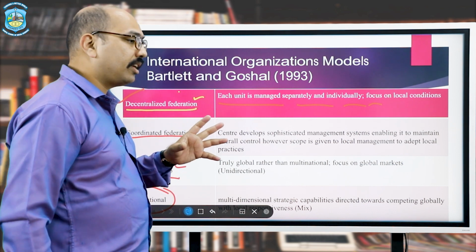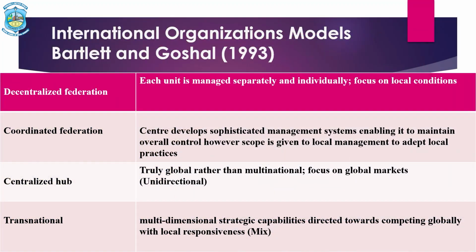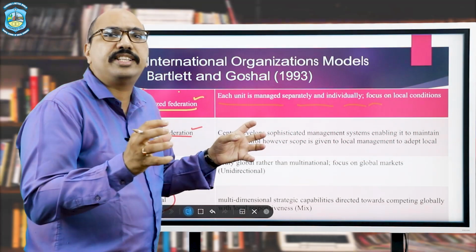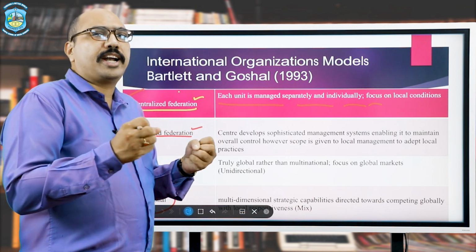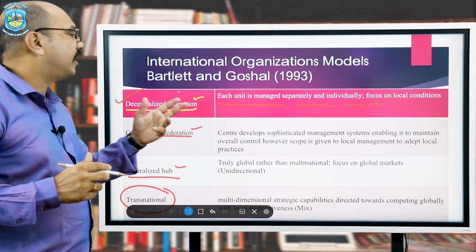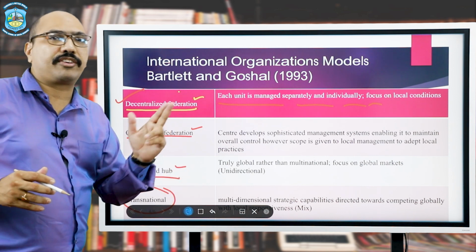So there is typical modeling in international HRM of what condition fits which kind of organization. Whenever there is a situation where you have different separate units in different countries, but they are independent and not so much controlled by the headquarters, you can tell that this is a decentralized federation model.